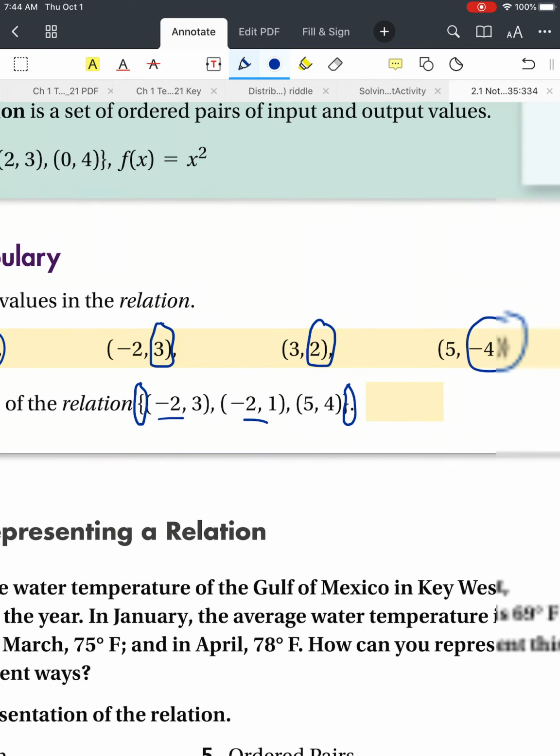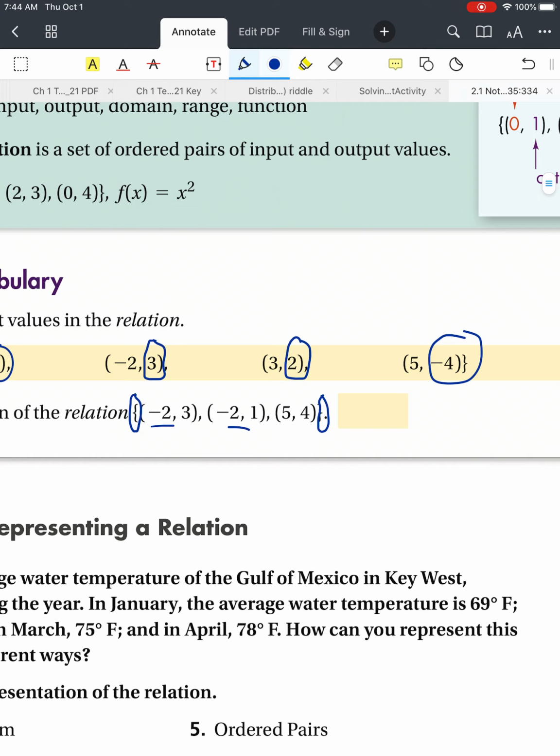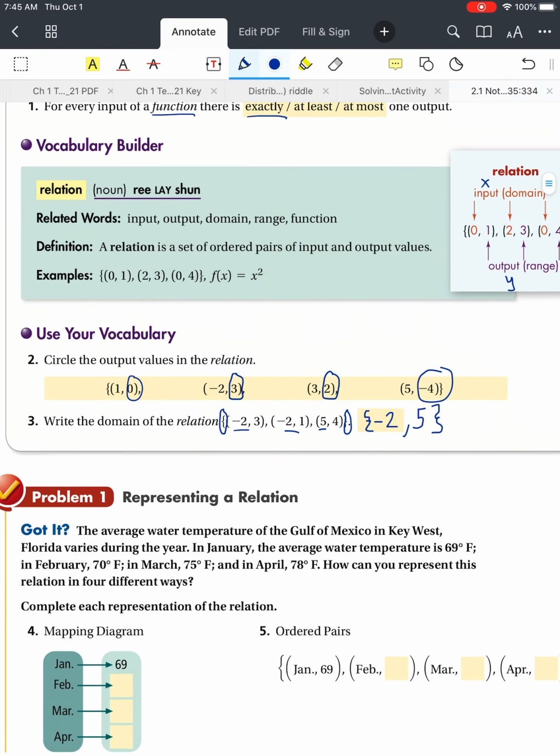We use those to start a set of inputs or outputs, our domain and range. So we're going to do -2, comma, and then we have a 5 is our next x. And those are the only two x values we have. Those are the only two numbers that are going to be in the domain. So that's all you have to do. You just list them out.